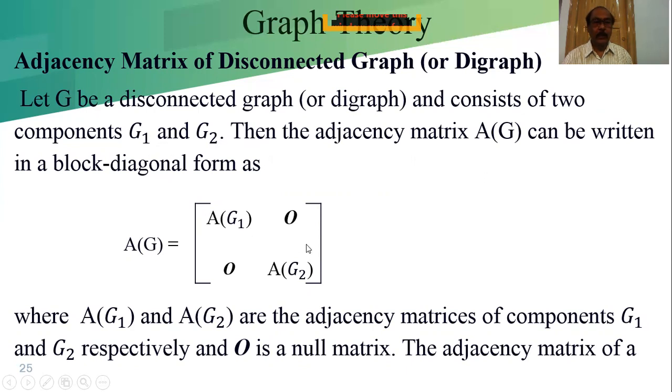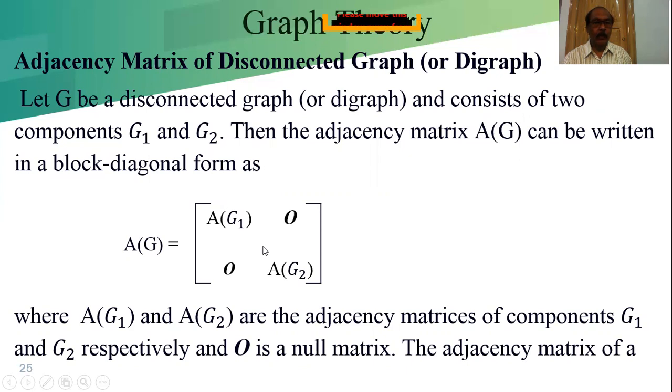So we put them diagonal-wise. This part of the square matrix is the adjacency matrix of G1, and this part is the adjacency matrix of G2.